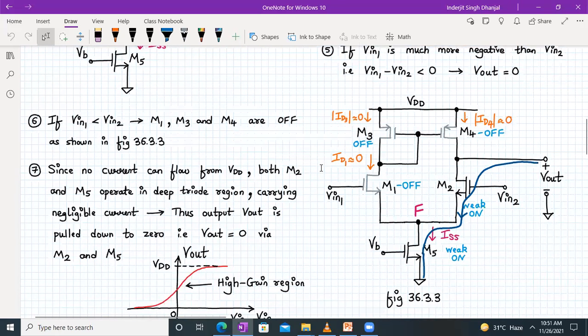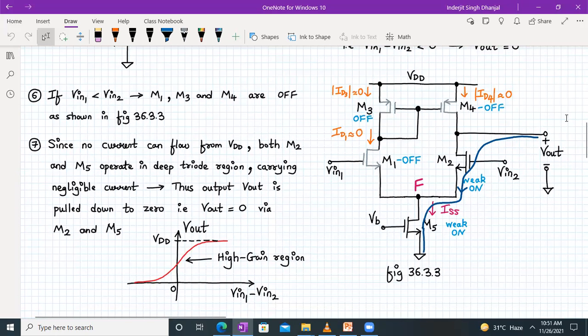Therefore, no current can flow from VDD, as both M3 and M4 are off. So basically what will happen is that the M5 and M2 transistors will operate in the deep triode region, carrying very negligible current. Now this output cannot go up to VDD because M4 is completely off.